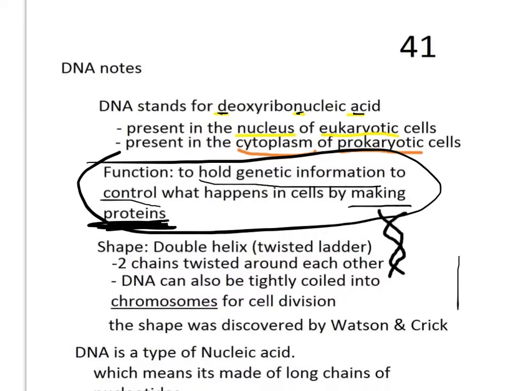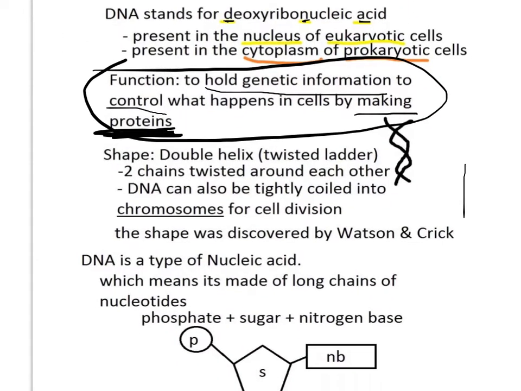The shape of DNA is considered a double helix. Double helix is a fancy word for a twisted ladder, so I kind of drew one right here. It's two squiggly lines kind of wrapping around each other. And between them, we say twisted ladder because it looks like steps inside.